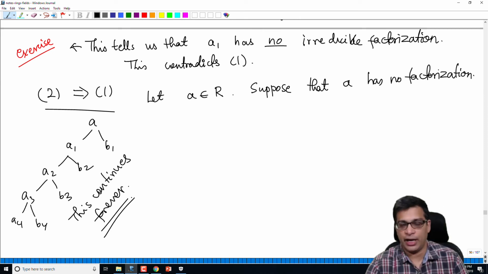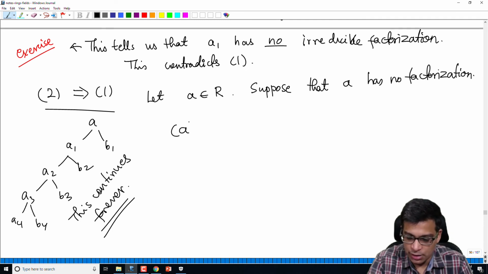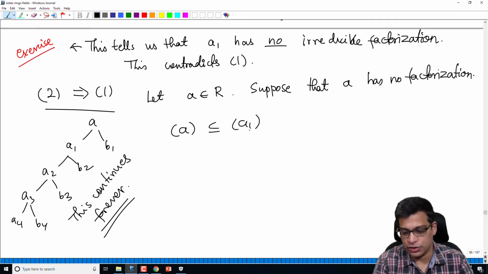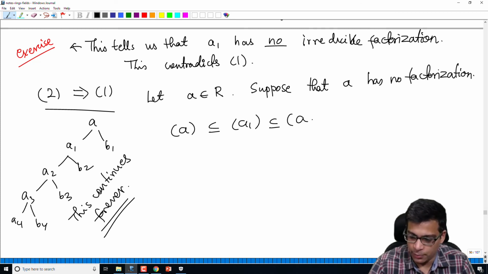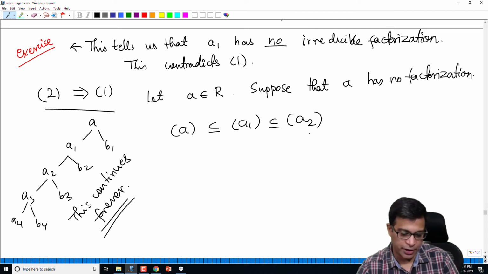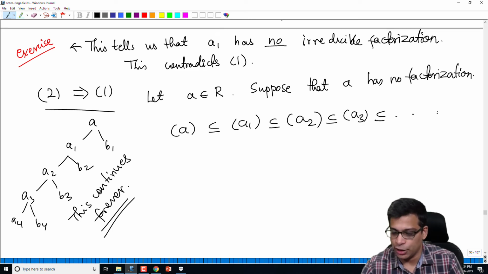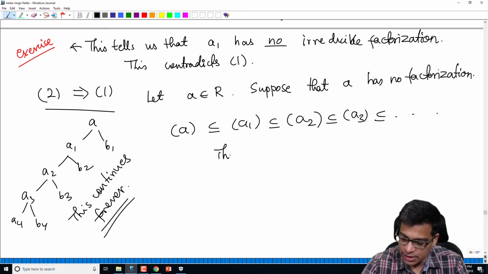That is the meaning of A having no factorization. But that means the ideal generated by A is in the ideal generated by A1, because A is A1, B1. The ideal generated by A1 is in the ideal generated by A2 because A1 is A2, B2. Similarly, the ideal generated by A2 is in the ideal generated by A3. And this continues forever. This does not stabilize.